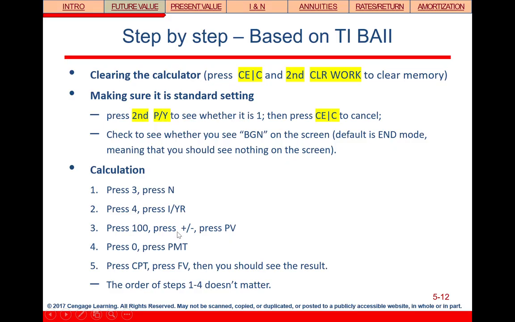It doesn't matter. You can start from PMT and then do interest rate after, then do present value, then do the number of years in the end. Doesn't matter. This order doesn't matter as long as you put in all the 4 inputs. And then remember, press CPT and then press future value. Then you should be able to see the result.